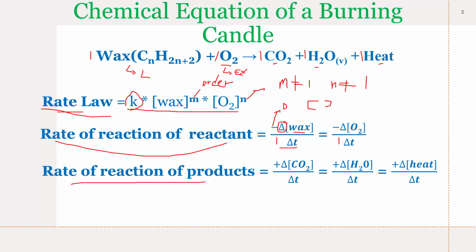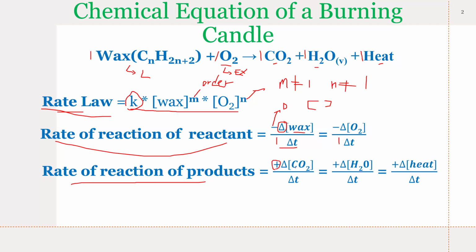Good. Now, let us also write the rate of reaction for the product. To write the rate of reaction for the product is about formation. Okay, so now if something is forming, then it's like accumulation. We are getting more. So in chemical engineering or chemistry mindset, we represent it with a positive sign or a plus sign, which indicates formation. So the plus sign means that there is formation. Okay, so now delta means change.